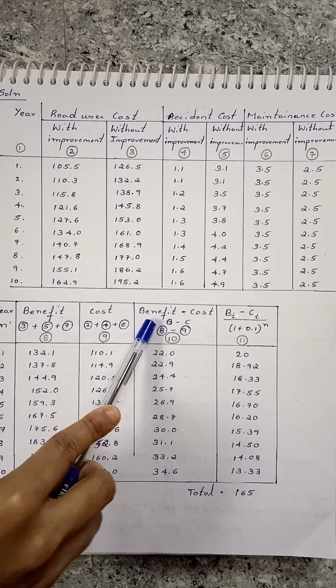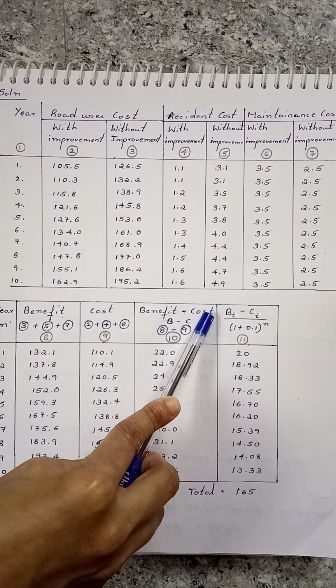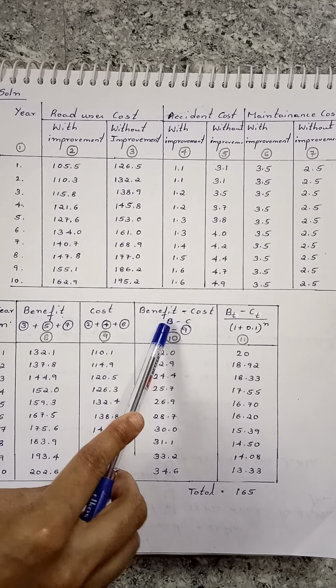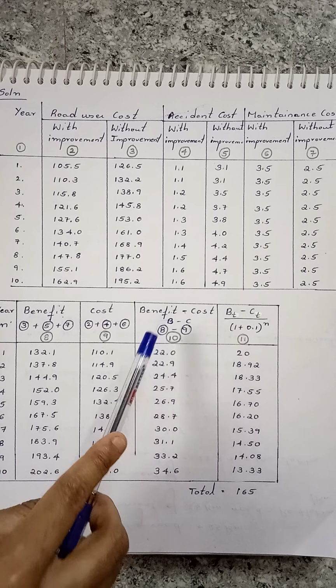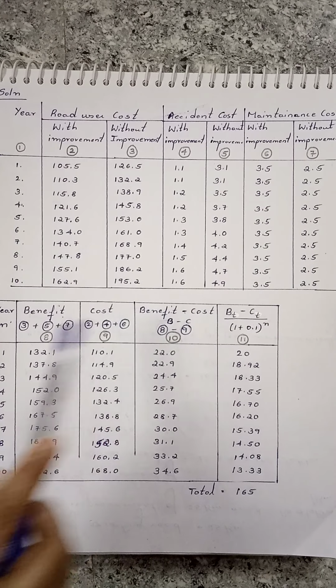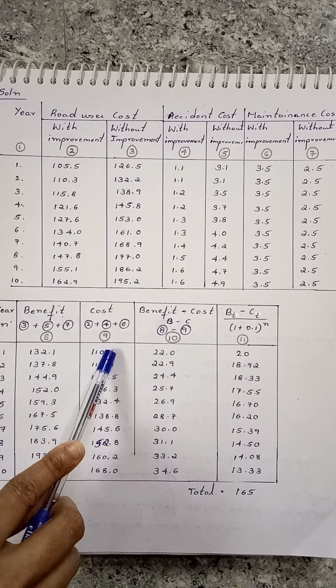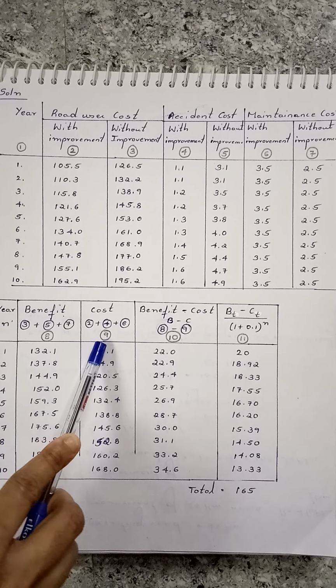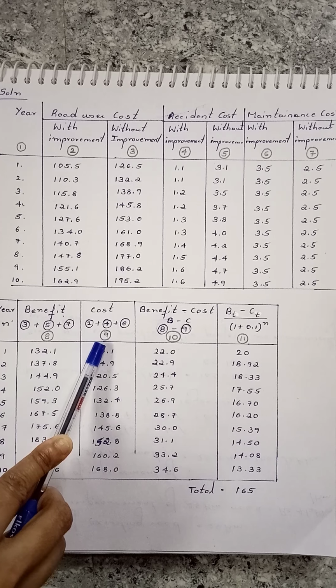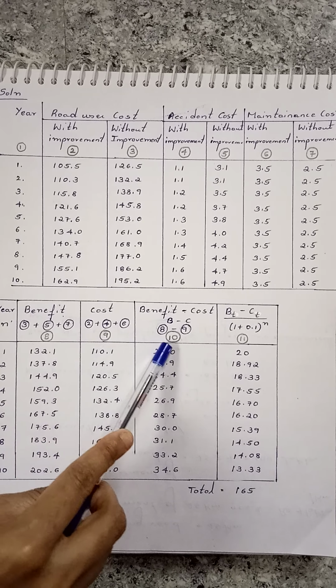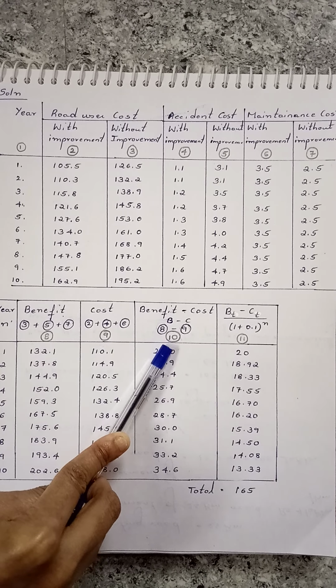Later, benefit minus cost, that is B minus C, that is 8 minus 9, is numbered as 10.